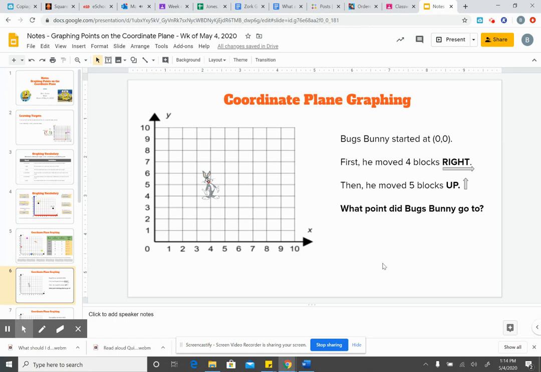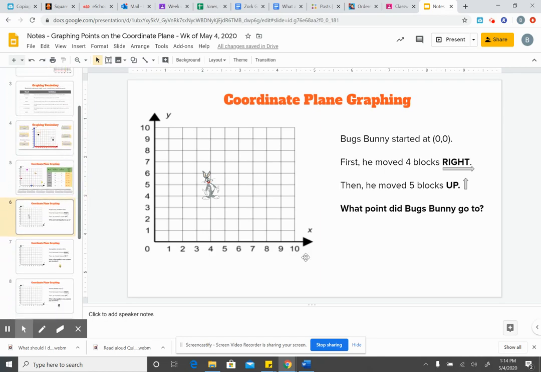And he ends up at the point 4, 5. Okay, so he's at the point 4, 5. I'll write that in for you. Okay, 4, 5. Excellent. You can use parentheses for that as well.